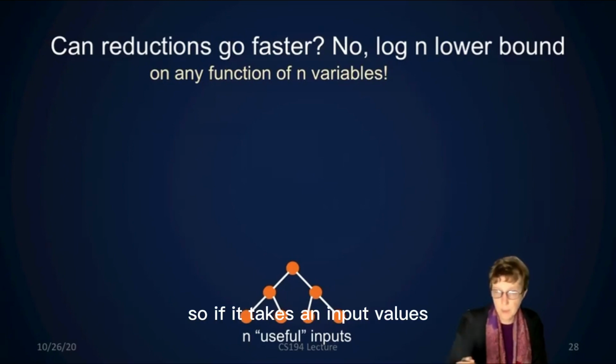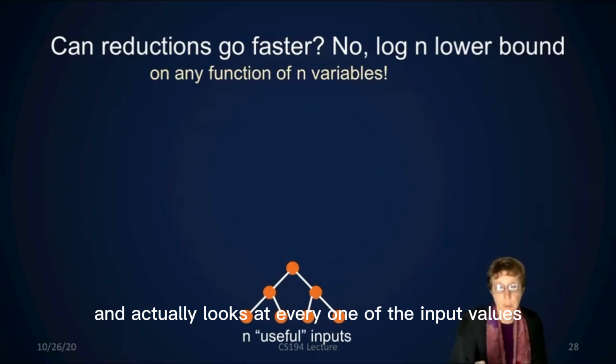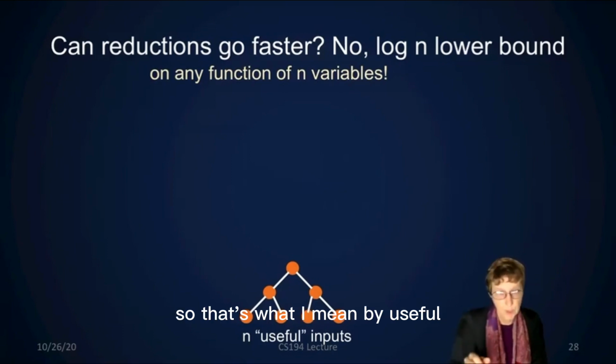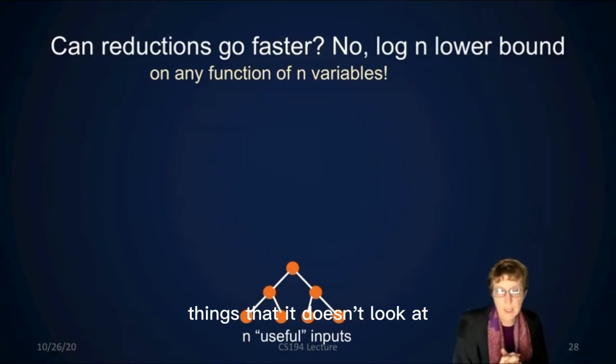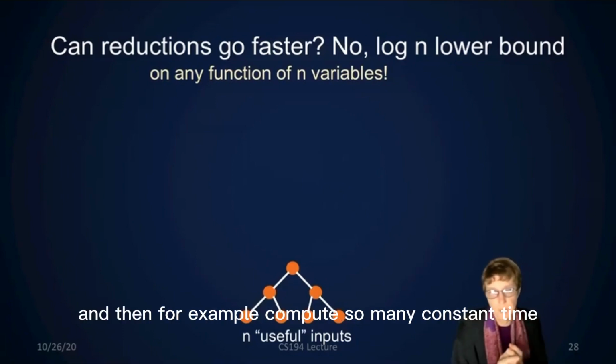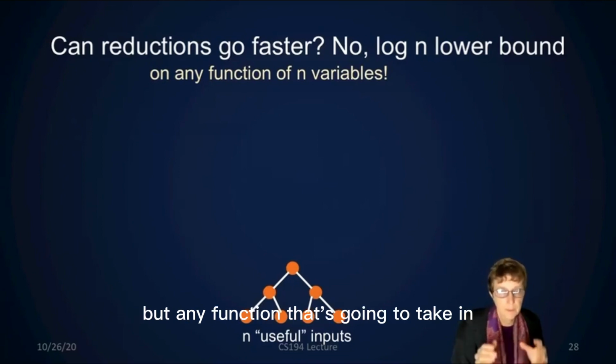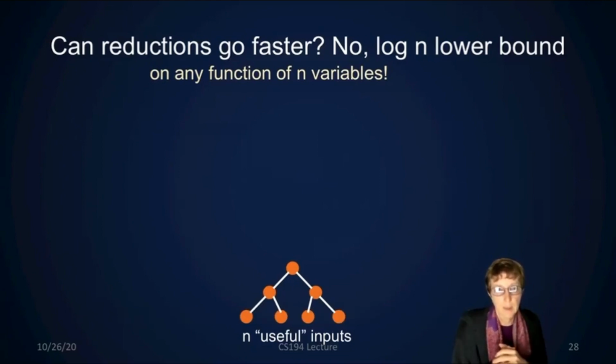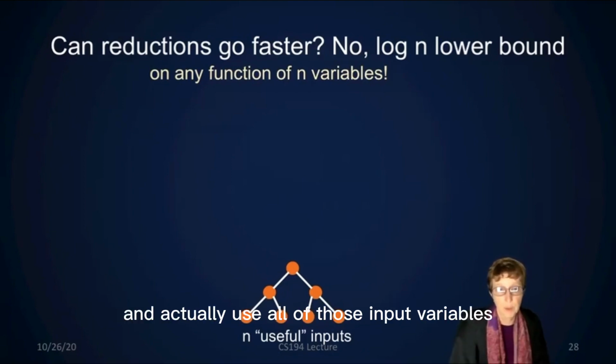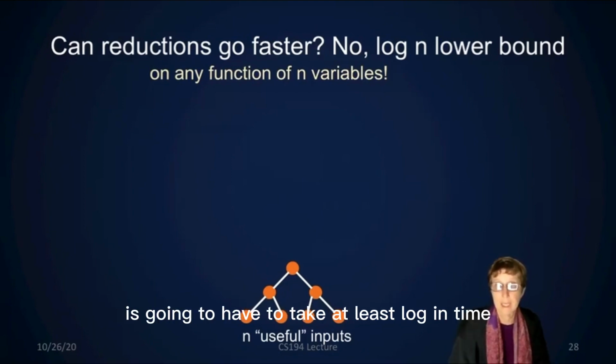So if it takes n input values and actually looks at every one of the input values, that's what I mean by useful. You could have a contrived example that puts in a bunch of things that it doesn't look at, and then, for example, computes something in constant time if you only need to look at one of the inputs. But any function that's going to take in some input values n and actually use all of those input variables is going to have to take at least log n time.